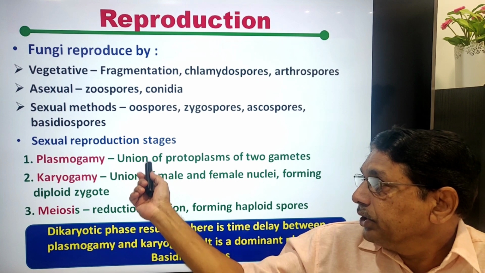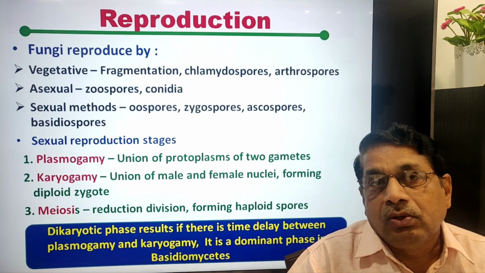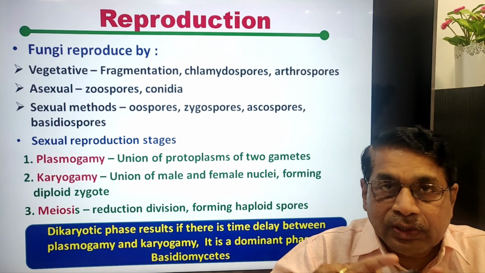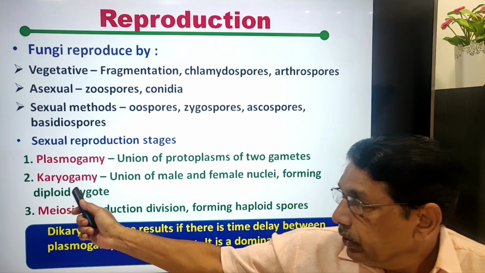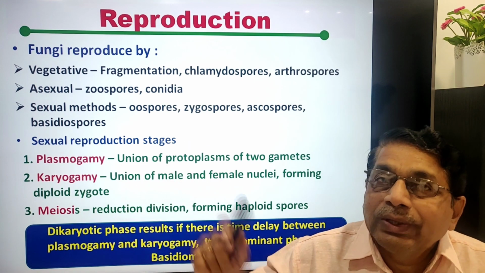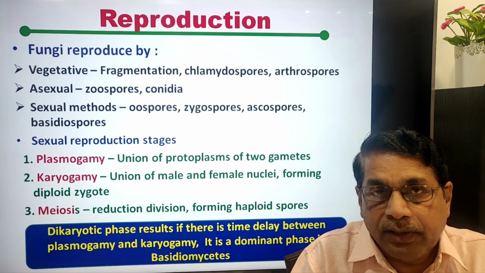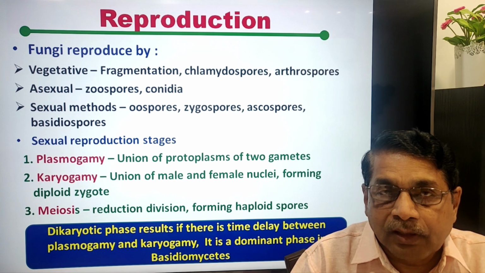There is a difference here. Plasmogamy is the union of the protoplasms of male and female gametes. Still the nuclei are maintained separately. Here, union of the 2 nuclei forms a diploid nucleus, the zygotic nucleus.